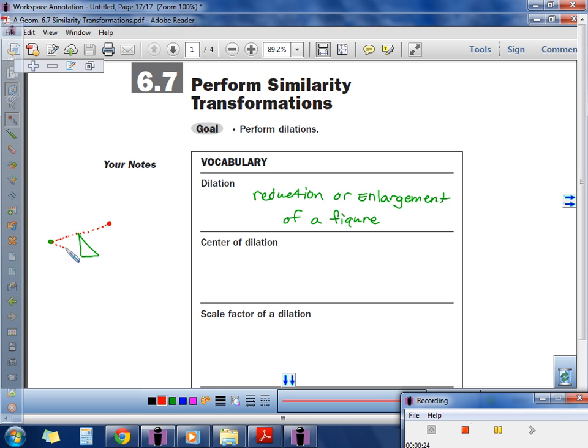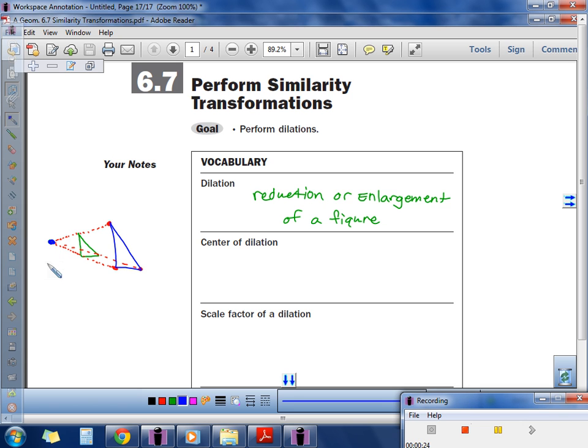I need to look at this little dimension and double it. That'll give me another new point. And I want to do this last one and double it. And there's that new point. So here's my new figure right here. So the center of dilation is this point out here.